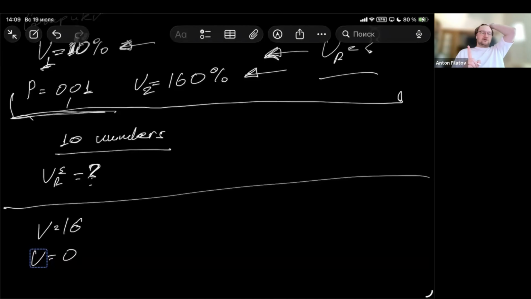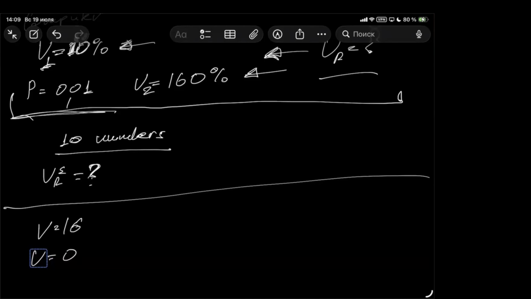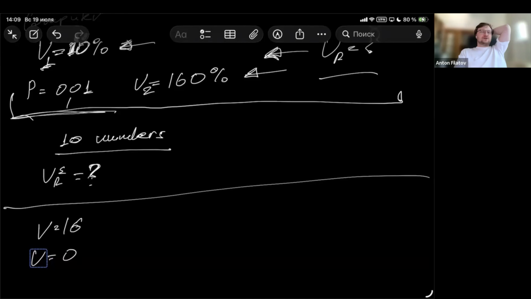So it gives you one number with volatility 16 and one number with volatility 0. Something in between? Sure, it's a good enough answer, actually. It's not like a mathematical class. Do you think it will be closer to 0 or to 16?